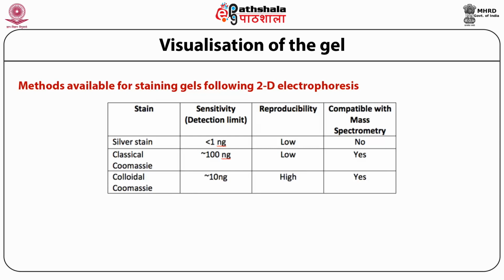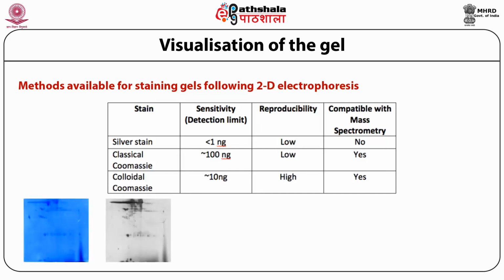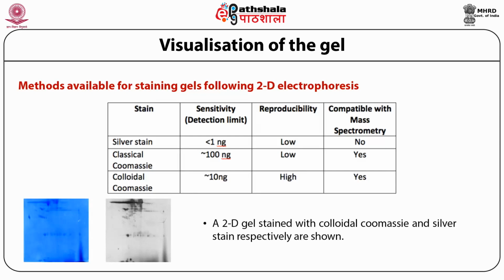This affects its identification and its compatibility with mass spectrometry. So the reproducibility of colloidal Coomassie is very high, and it is very low in the case of silver stain and classical Coomassie.